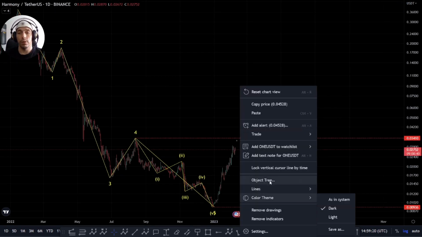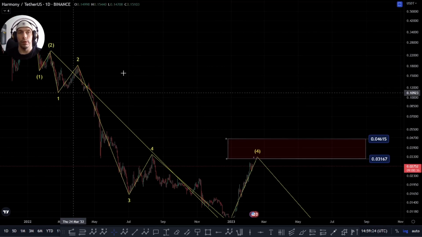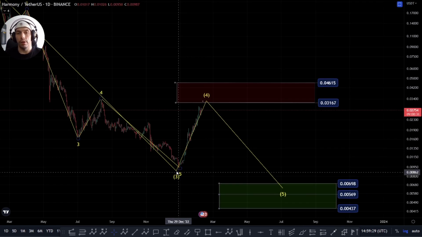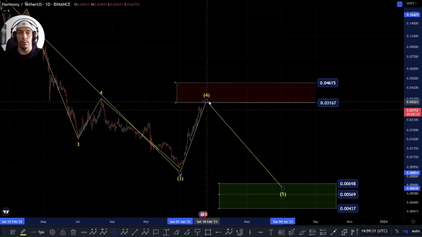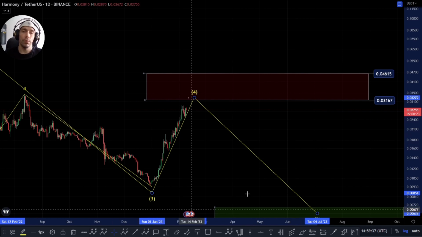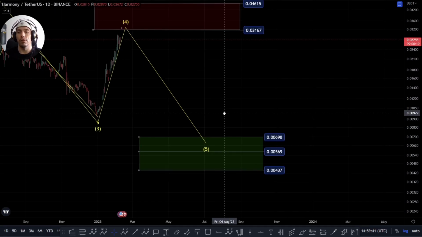Okay, so the other way, I want to just briefly touch on a couple of these. We can also argue, if we count this slightly different from the top here, that we have a 1 2, 1 2, in which case we would actually still have a fourth wave. So for the most part, this would be the rejection zone for that fourth wave, this 3167 to this 4615. So we need to be careful in this zone, whether we actually come up here, face rejection, and then actually look to move down.